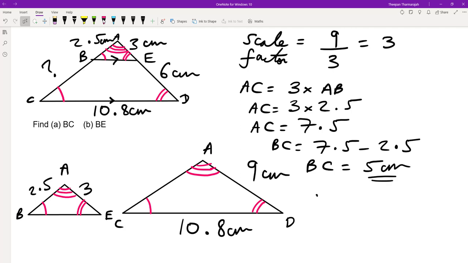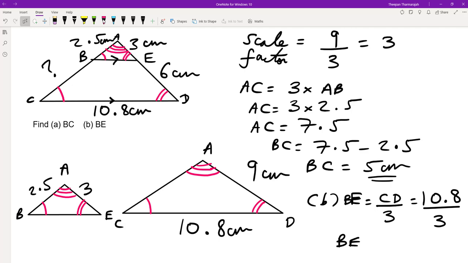Then for part B, we can work out BE by saying that BE is the smaller length of CD. So we do CD divided by 3. So we do 10.8 divided by 3. So BE will give me 3.6 centimeters.